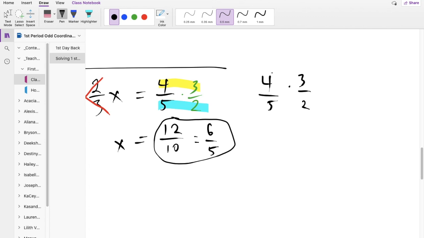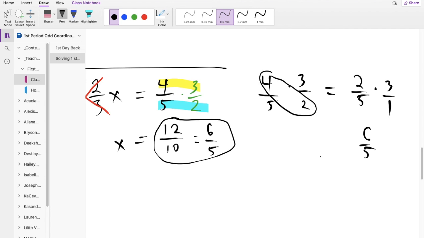I see this 4 and this 2, and I know 4 divided by 2 is just 2. So this is really 2/5 times 3, and that 2 became a 1. Then multiplying straight across, 2 times 3 is 6, and 5 times 1 is 5. I get the exact same answer. So where you simplify in a math problem does not matter. You just need to make sure that you do simplify.